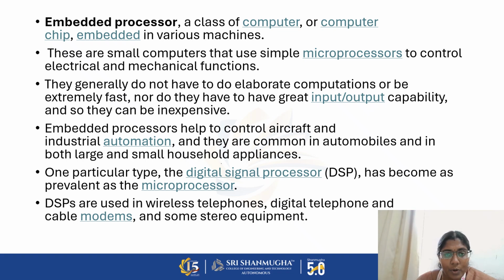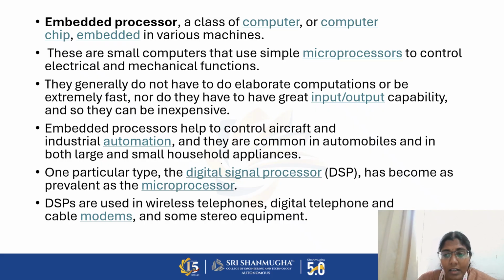Embedded processors help to control aircraft and industrial automation, and they are common in automobiles and both large and small household applications. You can use an embedded processor from simple household applications to large industrial and aircraft automation.